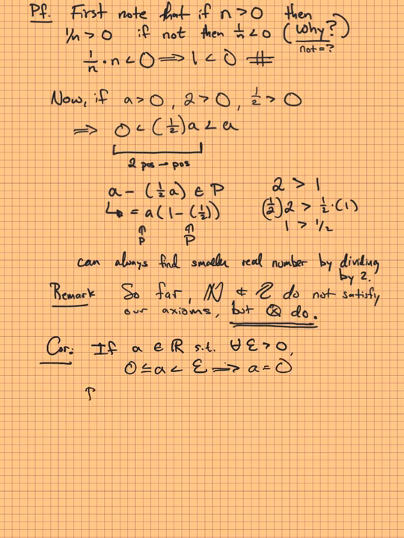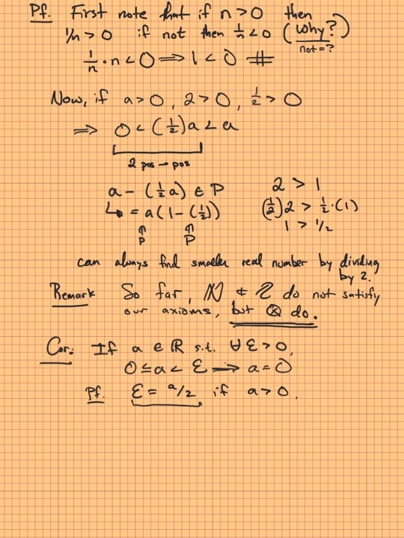And the proof is, well, set epsilon to be a over 2 if a is greater than 0. As we said, if a is greater than 0, we could set this to be epsilon, therefore this would not be satisfied, and therefore we get a contradiction. So a has to be 0 here.